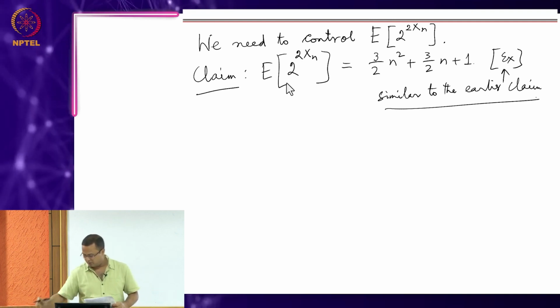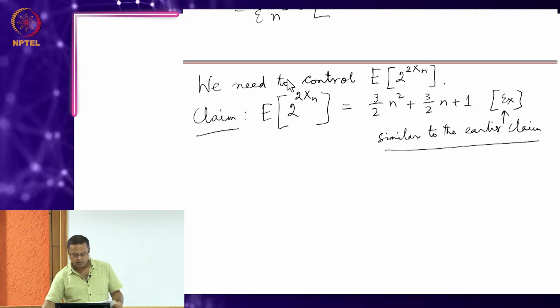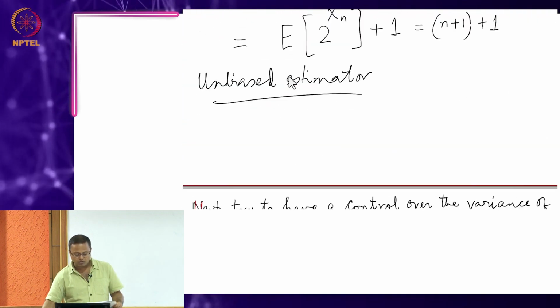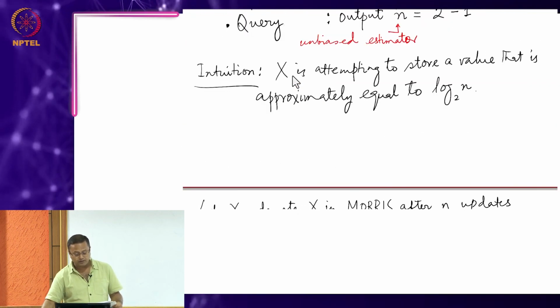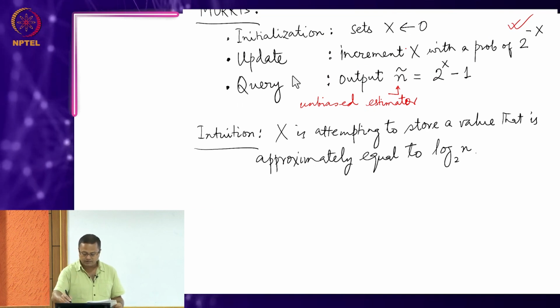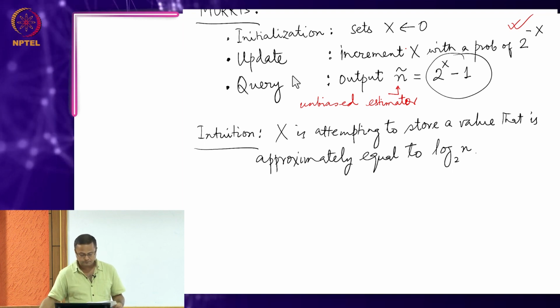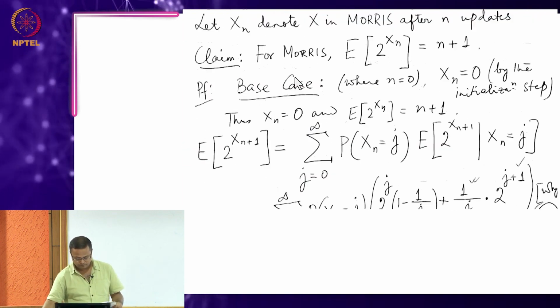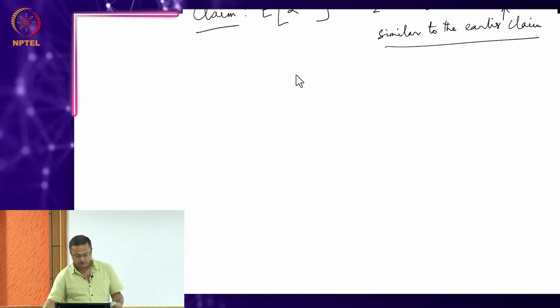Now, I will need this. See, what was my goal? My goal was to control the variance of the estimator that turned out to be unbiased. So, I need basically the variance of this quantity. And in that I will use this claim.